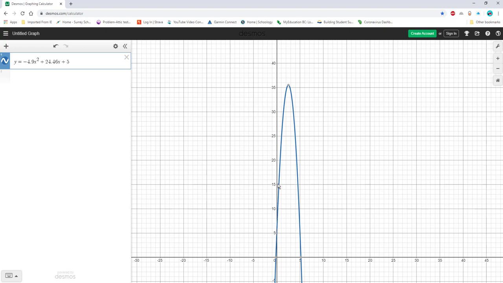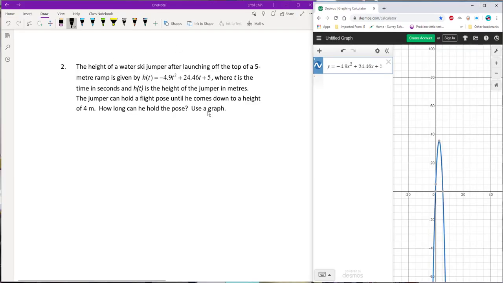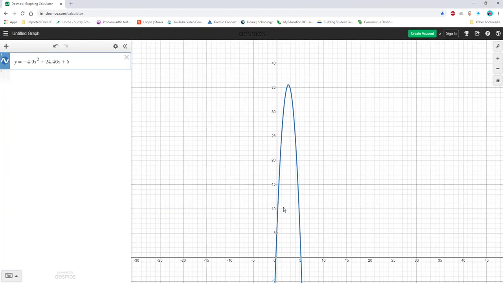He flies through the air. He reaches a maximum height of whatever that is, 35 meters, and it happened at 2.5 seconds, and then he comes back down, and then eventually he hits the ground, or the water. Yeah, water. The jumper can hold the flight until he comes down to a height of 4 meters. Well, we want to be able to read the graph.